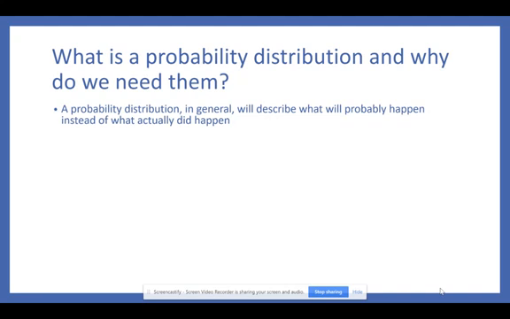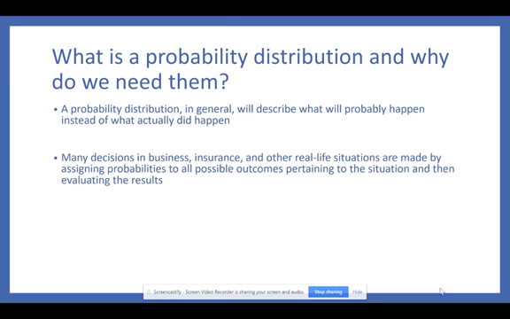A probability distribution, on the other hand, describes what will probably or what should happen theoretically instead of what actually did. And a lot of decisions that are made in business, insurance, and other real life situations are made by assigning probabilities to all the possible outcomes pertaining to the situation and then evaluating the results.